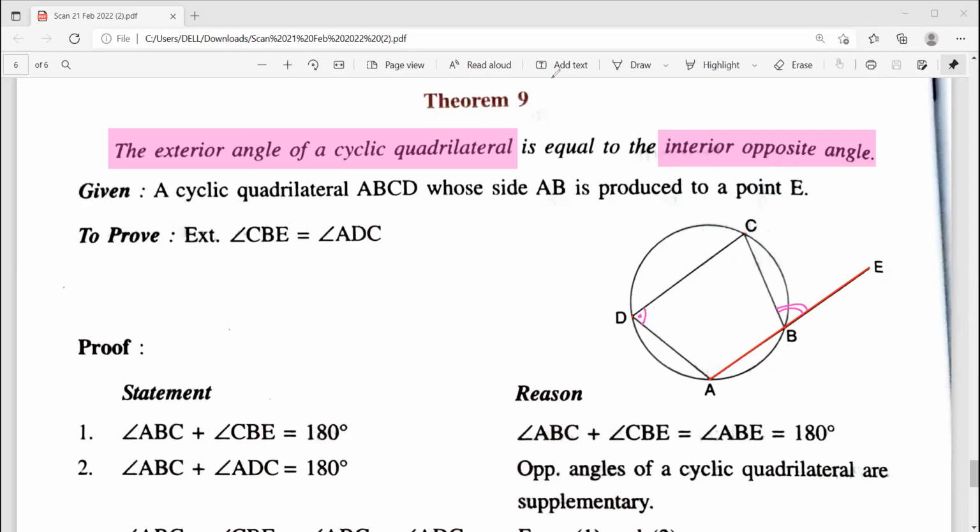Similarly, if I extend BC, I get an exterior angle here, and this angle will be equal to the interior opposite angle, which is this.